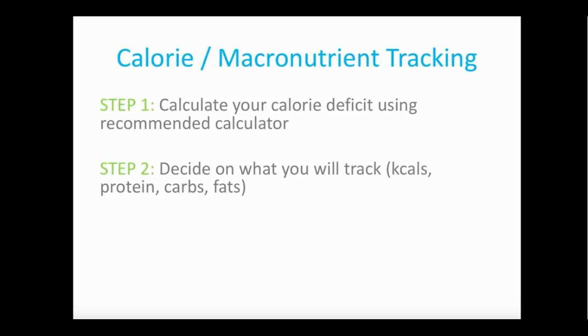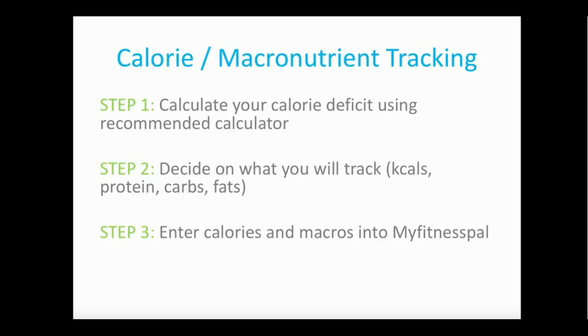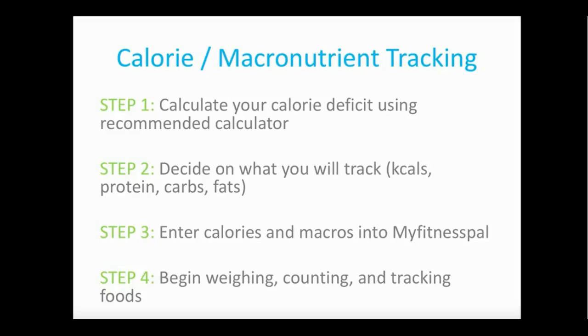I highly recommend tracking calories and protein. Step 3, you can then enter them calories into macros into MyFitnessPal. I've added tutorials in to show you how to use MyFitnessPal, which then we can get on to step number 4, begin to weigh your food, counting and tracking your food.